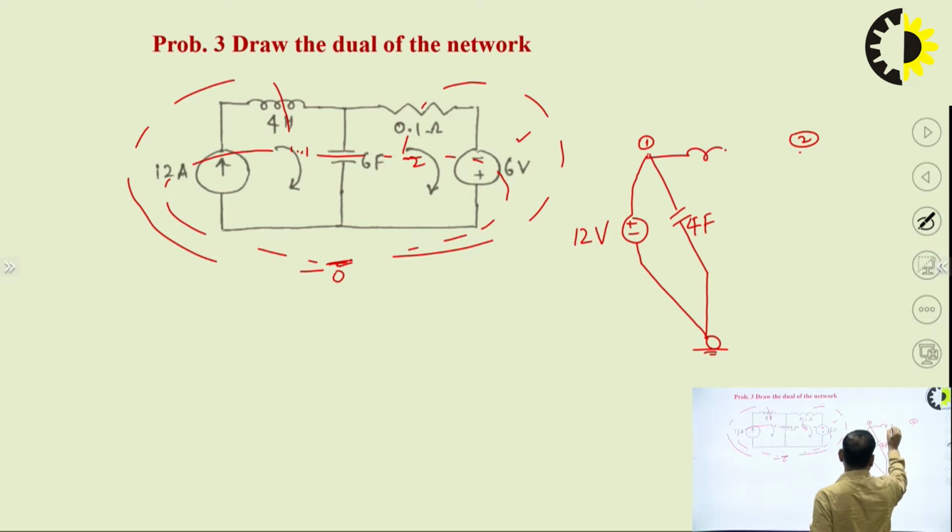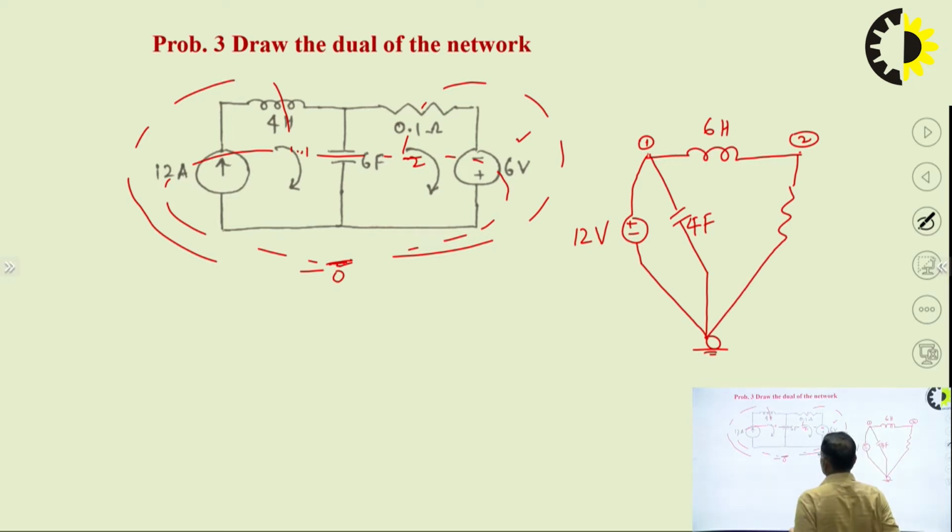So we have the 6 Henry inductor. Between 1 and reference we have the 0.1 ohm resistor, so we have 0.1 mho conductance.